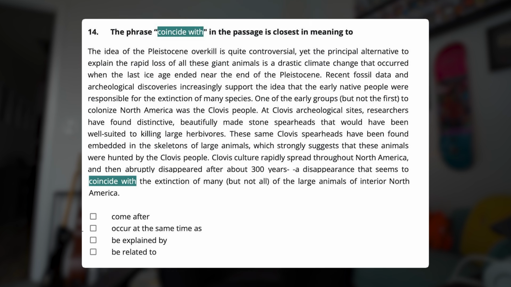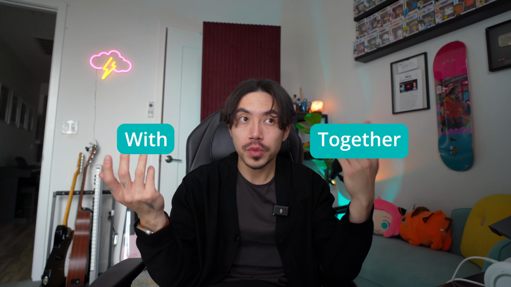But if you look at this, you know that this prefix, co, means together, like in a collaborative effort: cooperate, co-pilot, stuff like that. Plus you have "with" right here. So, something together with. So here you can find out what your answer is by just using this logic. I'm not saying it's going to work 100% of the time, but it's just another strategy for you if you are running out of options.